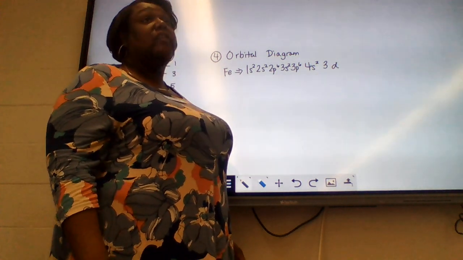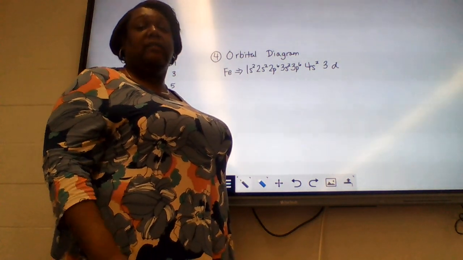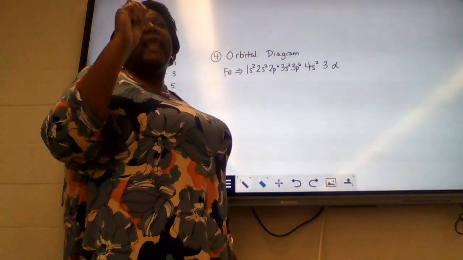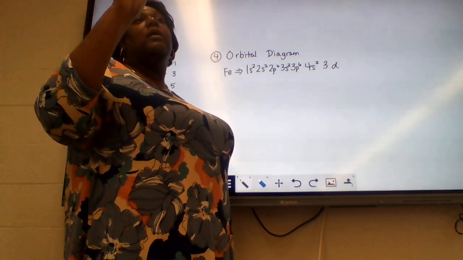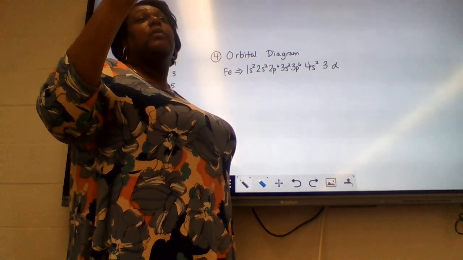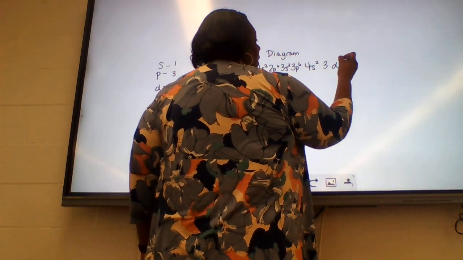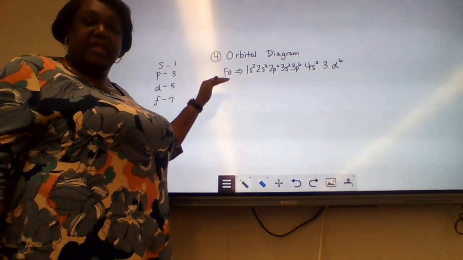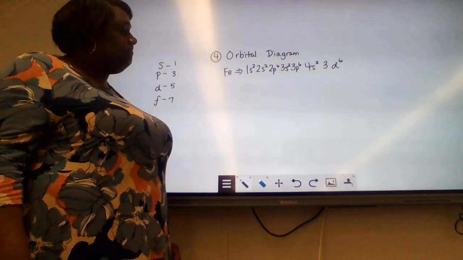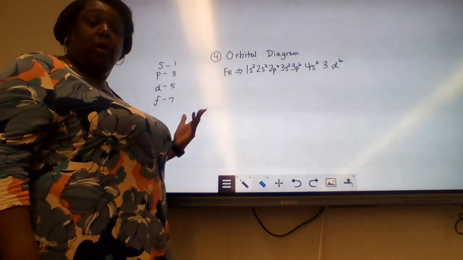When I go into the 3D block of the periodic table, all I'm going to do now is count over till I get to the element iron. And when I do that, 1, 2, 3, 4, 5, 6. And so my full configuration for iron would be this. Now, this helps me because now I can draw my orbital diagram.